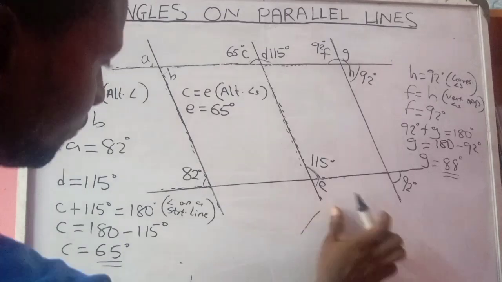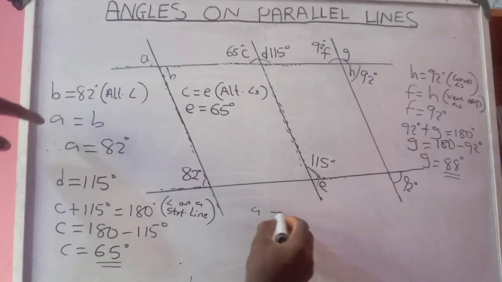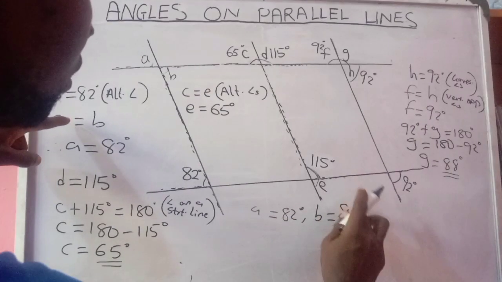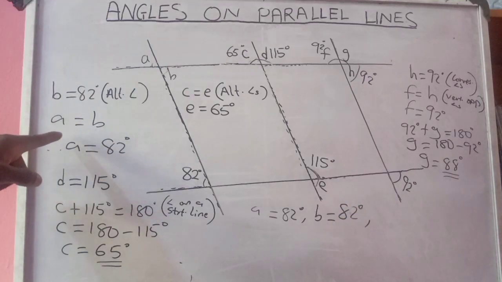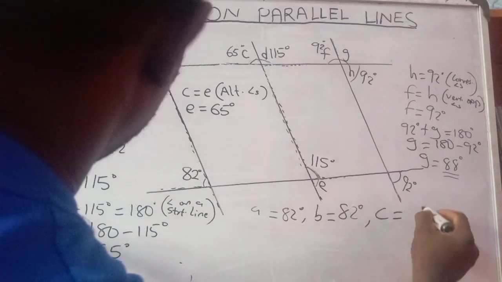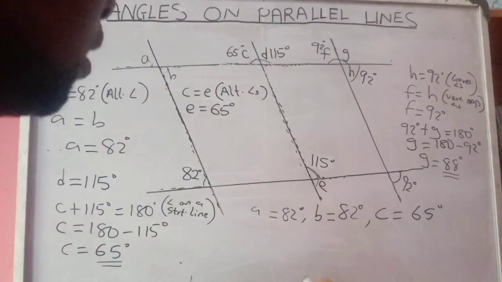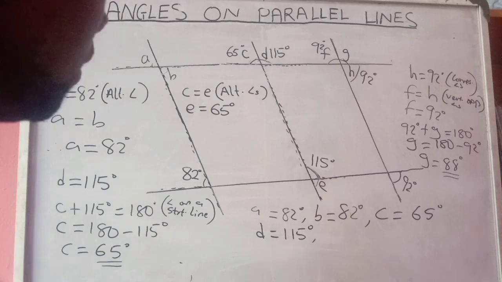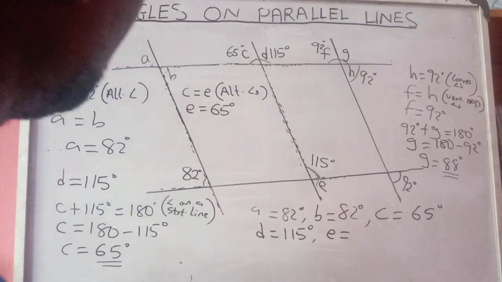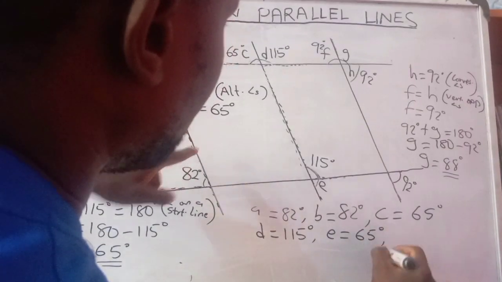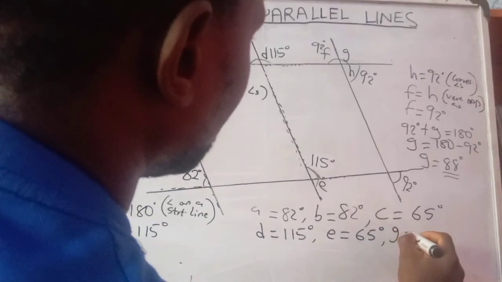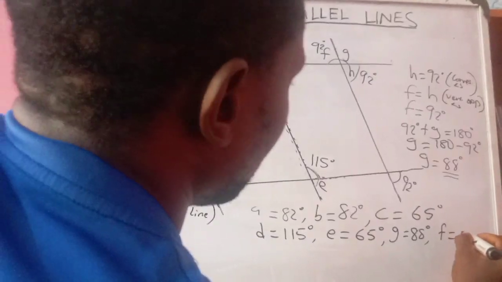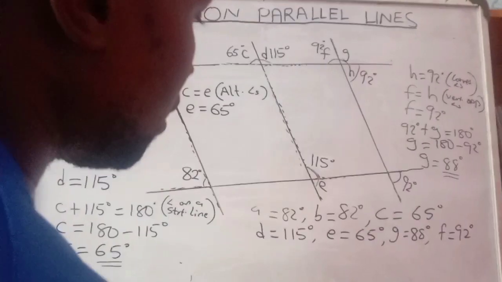In summary, we say that A is equal to 82 degrees, B is equal to 82 degrees, then C is equal to 65 degrees, D is 115 degrees, E is 65 degrees, G, we got G to be 88 degrees, we have F to be 92 degrees, and do we have another one?